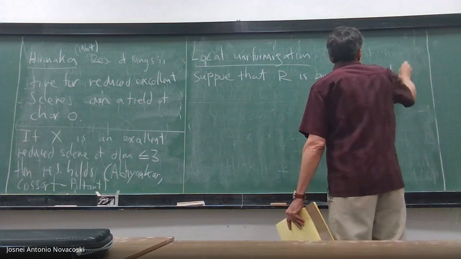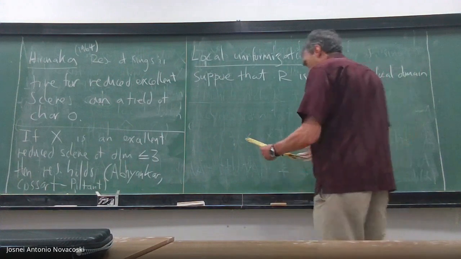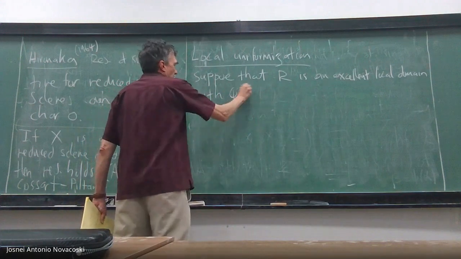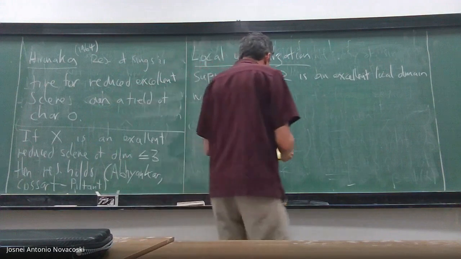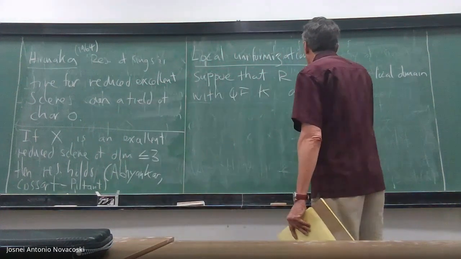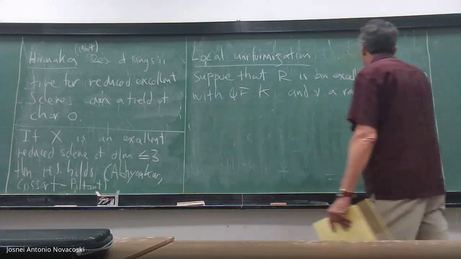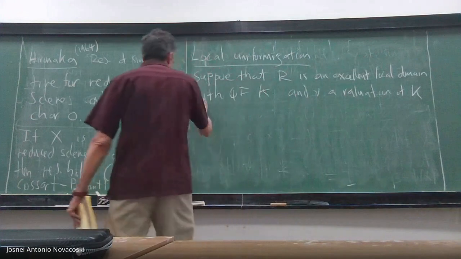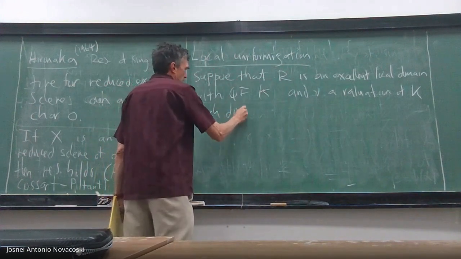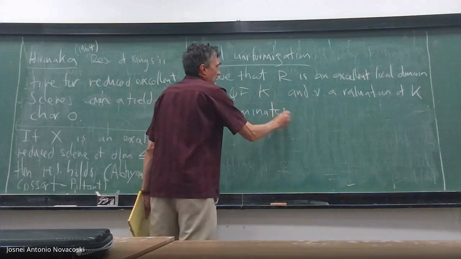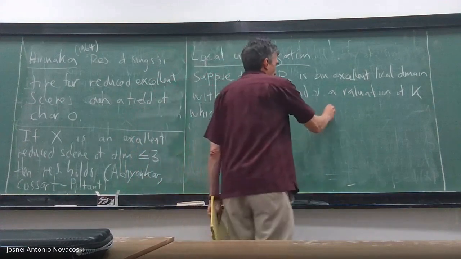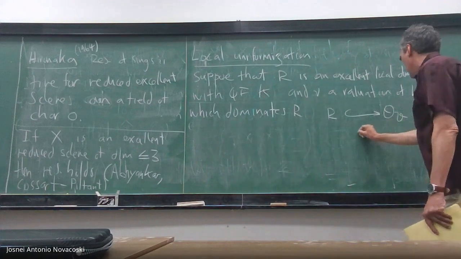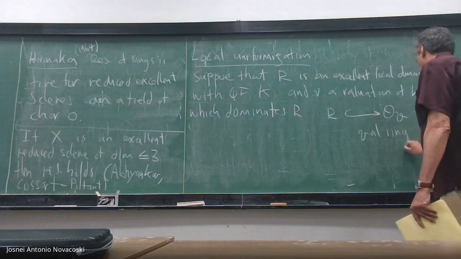Remember, this is effectively the most general case we can hope this to be true for, with some quotient field K, and take a valuation ν of K which dominates R. So in other words, we're given an inclusion into the valuation ring of ν.